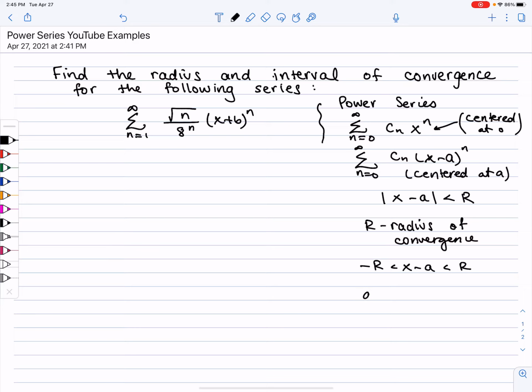And then we say we have a minus r, x, and a plus r. So you'll have something in the form of a minus r, a plus r, and this here will be the beginning of your interval of convergence. So let me just call it for now interval of convergence.